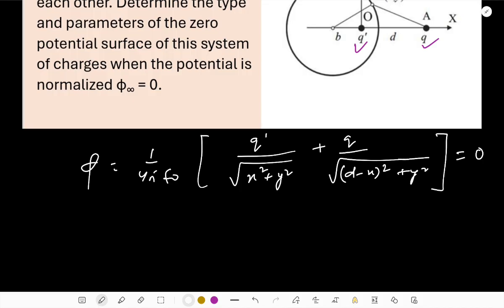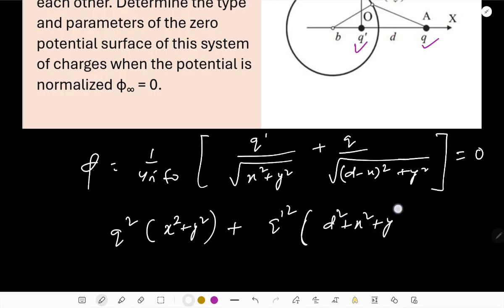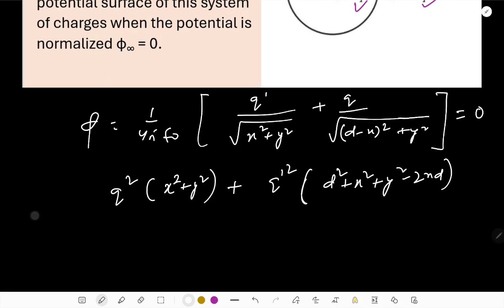We can write something like q square into x square plus y square, plus q dash square into d square plus x square plus y square minus 2xd, and many more steps you need to write down.